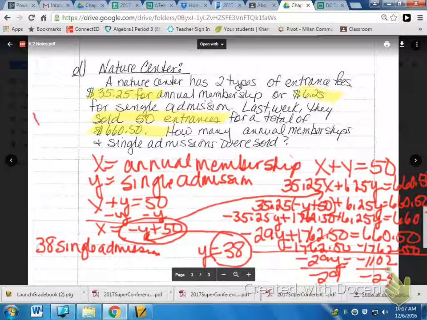So I'm going to have to go up here, sorry. X equals, I'm going to plug in 38, negative 38 plus 50. So X equals 12, and then what does that mean? Ben? They sold 12 annual memberships.